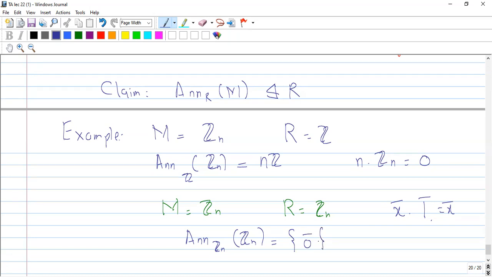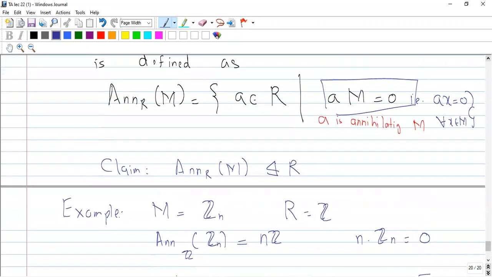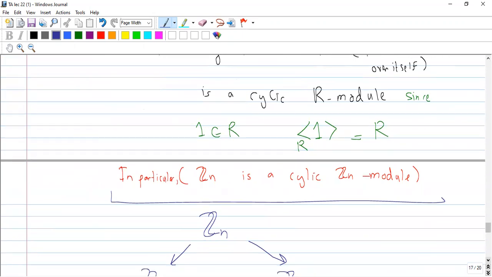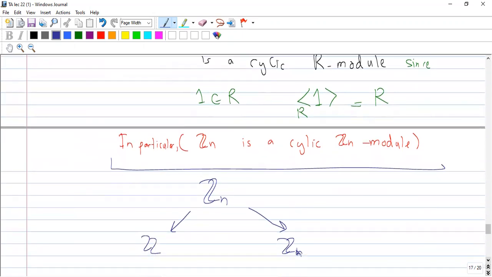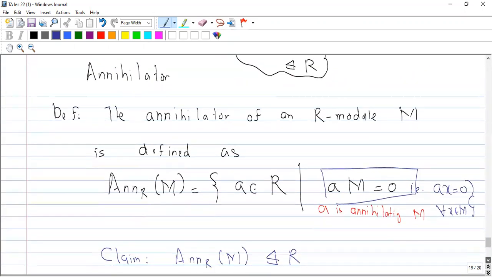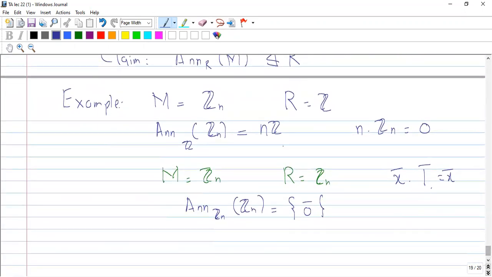So class, it shows you that here we considered Zn as a Z module. So इन दोनों, मैं ऊपर जो आपको बता रहा था कि we can introduce 2 different kinds of structures on Zn, Z module and Zn module. But here one can see that their annihilators are different.